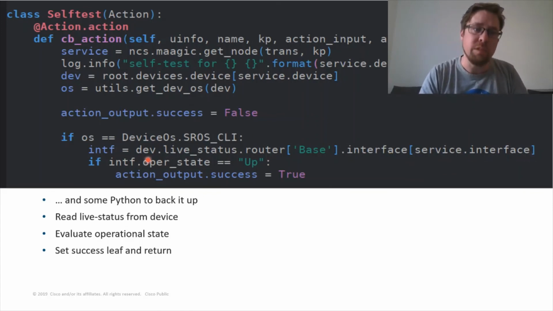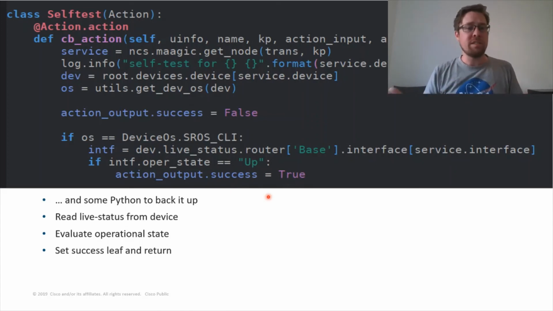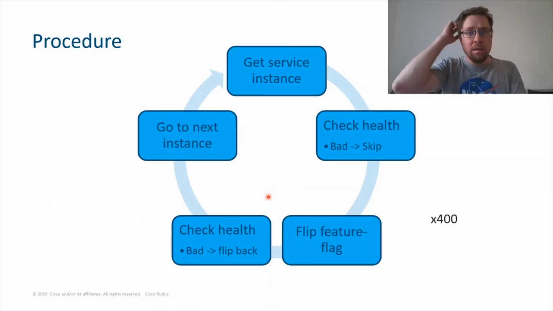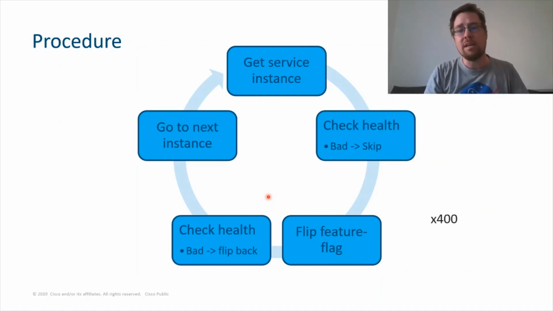On the interface, we look at the operational state and see if it's up, then the success leaf is going to be true. So what we're doing here is just reading live status from the device. We evaluate this operational state to see if it's as per our expectations. And if it is, we set the success leaf and we return.